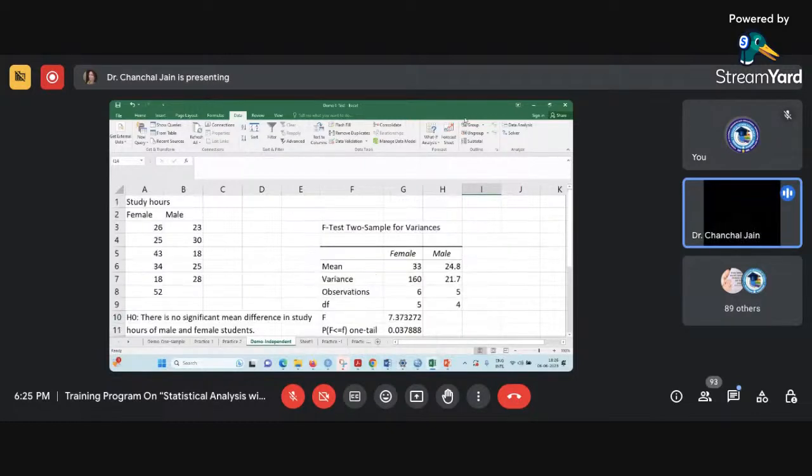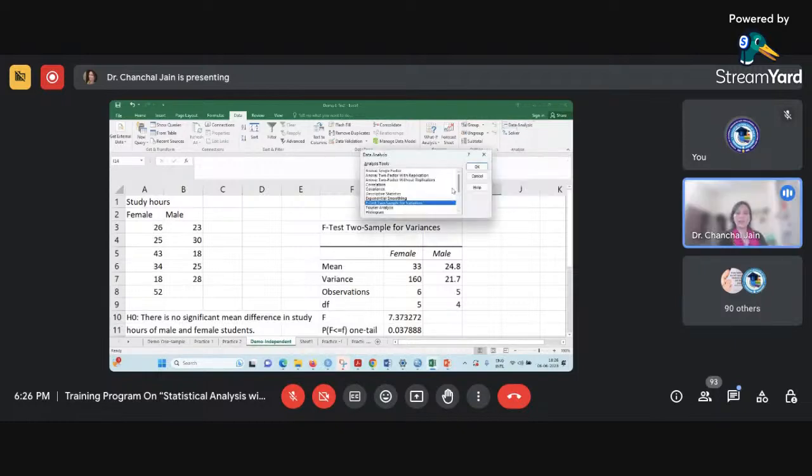Now when I go to the data analysis again, I am very clear that I need to go for the second category, that is two sample assuming unequal variances. Is it clear to all? Any doubt so far?